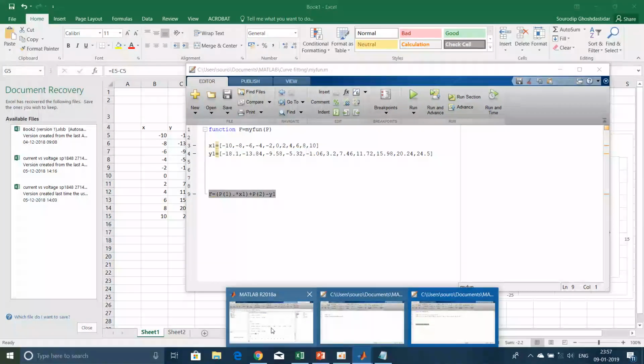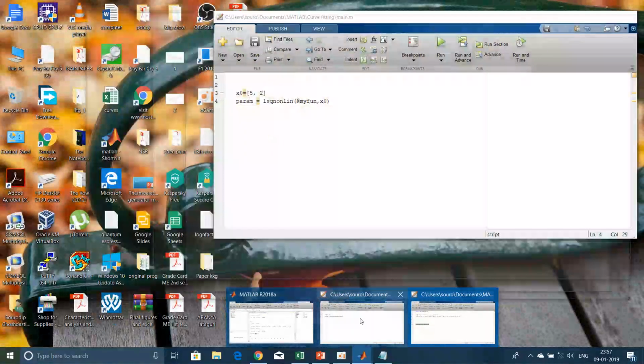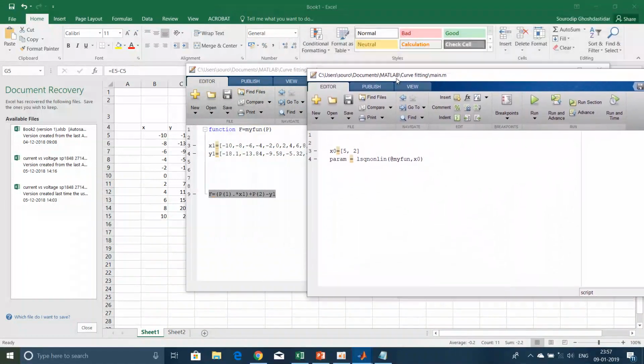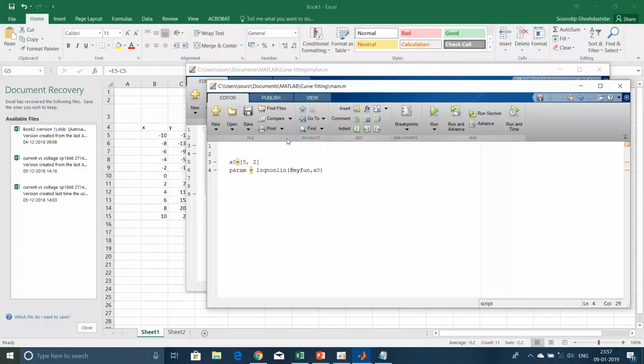So what next? This is the main function. X naught would be the initial values of m and c you give MATLAB.